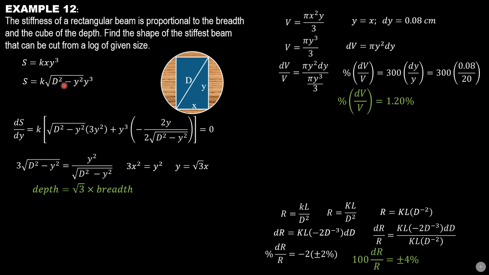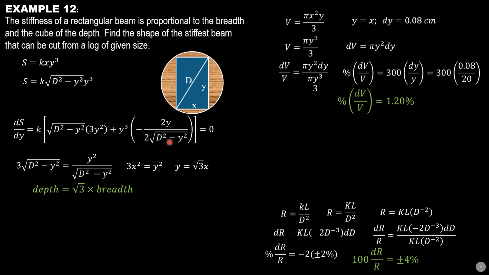Then we have expressed S in terms of a single variable y. Differentiating, dS, the derivative of S with respect to y, equals constant k times the quantity: first, derivative of second, 3y squared, plus second, y cubed, derivative of the square root of D squared minus y squared, which is the derivative of D squared minus y squared, which is negative 2y, with respect to y, of course, over 2 square root of u.